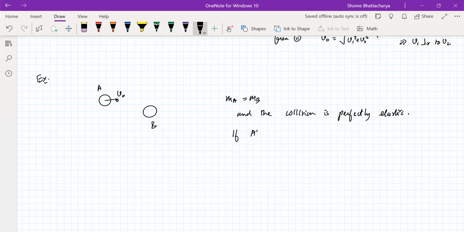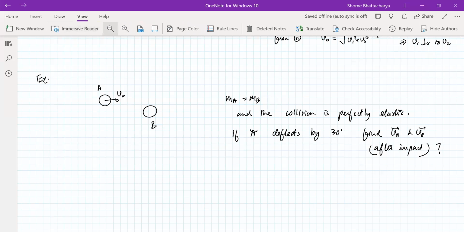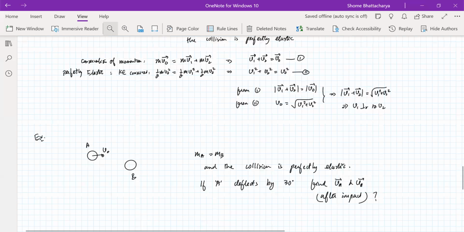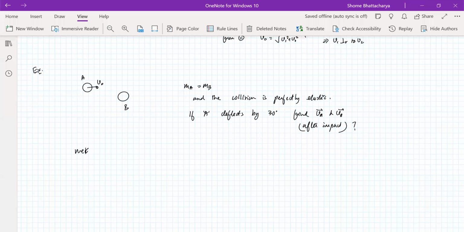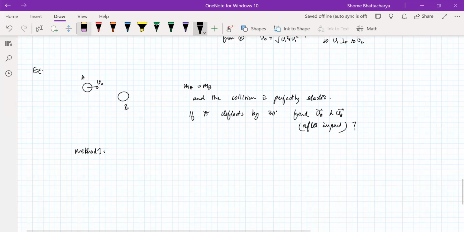If A deflects by 30 degrees, find final velocities after impact. Okay, so there are two ways in which we can do this question. One is using the theorem, which is going to be the easiest way actually.